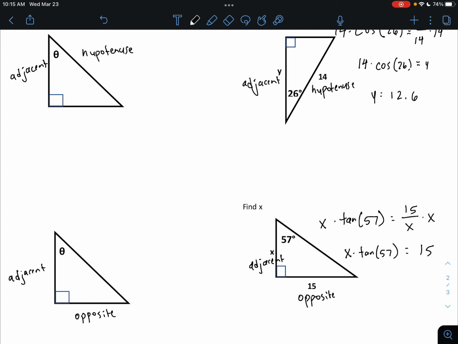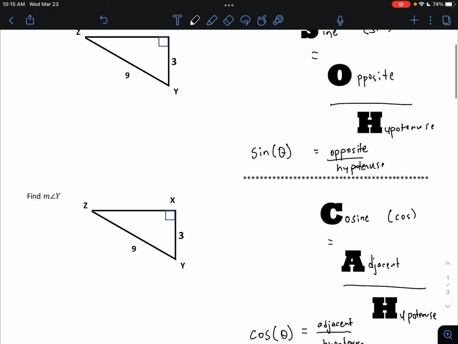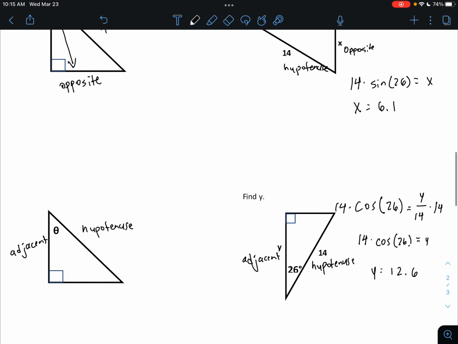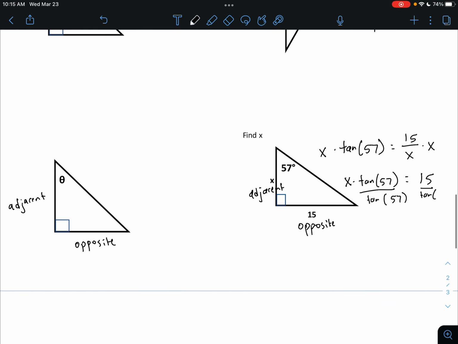So then what I need to do is divide by the tangent of 57 on both sides, so that x equals, that cancels out, x equals 15 over the tangent of 57.